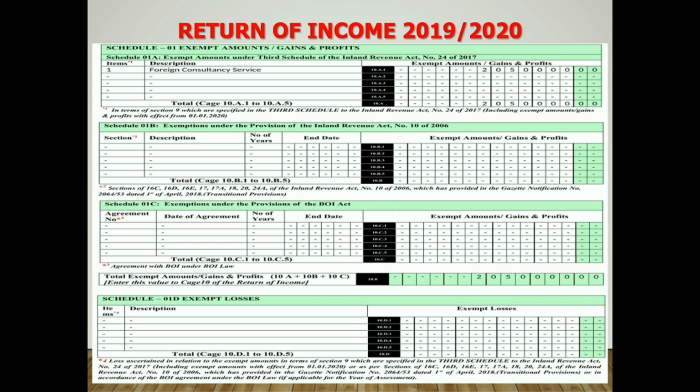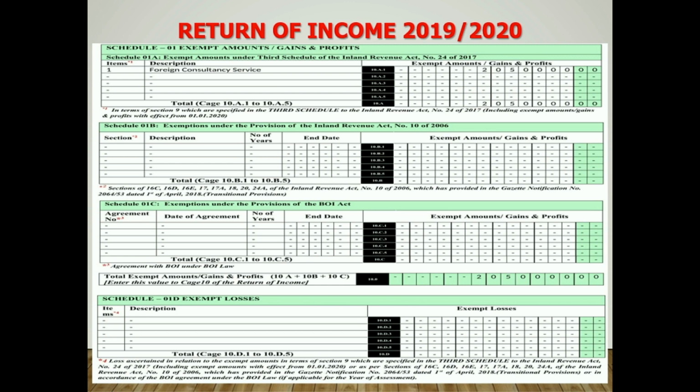Schedule 1D has introduced in this year of assessment, and if there's any loss from exemption in relation to the circumstances explained under 1A to 1C, then that loss can be declared in subschedule 1D.